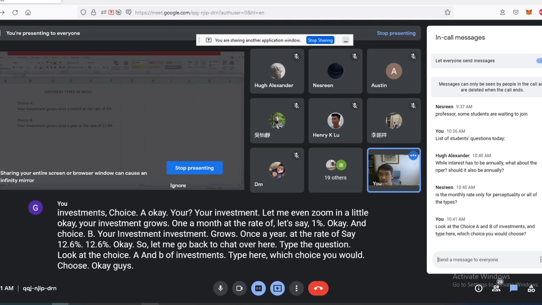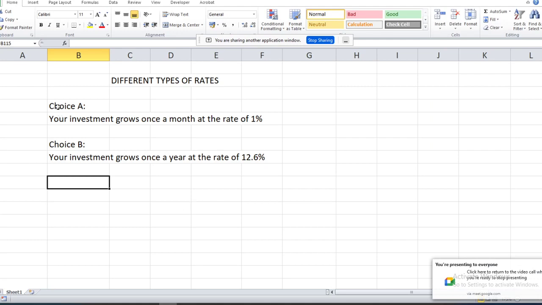Choice A, for your investment to grow once a month at 1% every month. Or choice B, where your investment is only growing once a year, so the new calculation of the new value only happens once a year, but it's growing at 12.6%. Which rate would you guys choose?